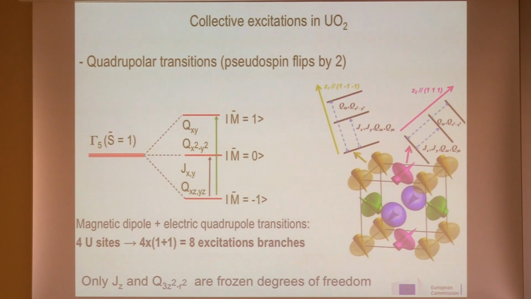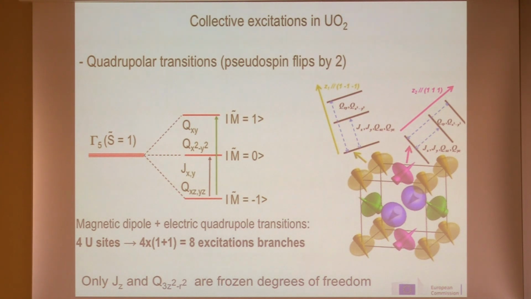There are also quadrupolar transitions, operators that are coupling these two levels. So we have a quadrupolar contribution in the -1 to 0 transition, and purely quadrupolar transitions coupling -1 to 1, Qxy and x squared minus y squared.